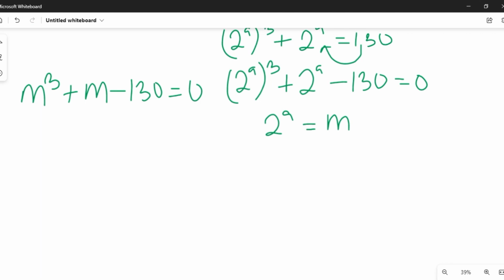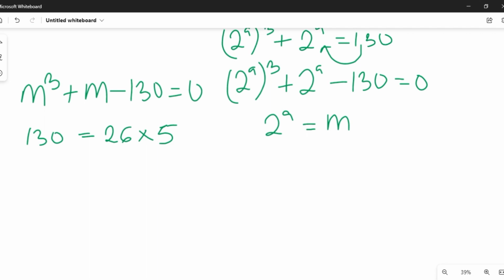Now from this equation, we want to solve this polynomial equation. I want you to note that if we break 130 down, 130 can give us the value 26 times 5. These are the factors of 130.